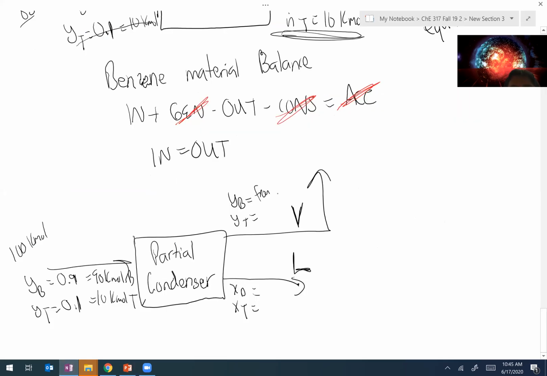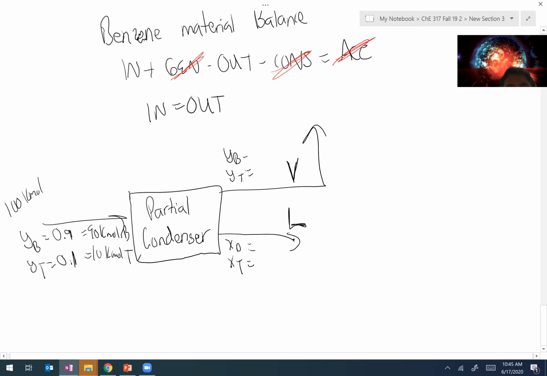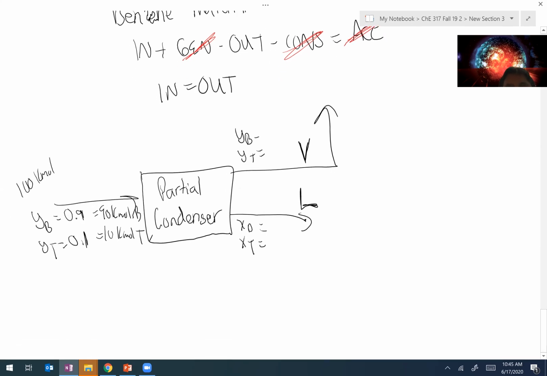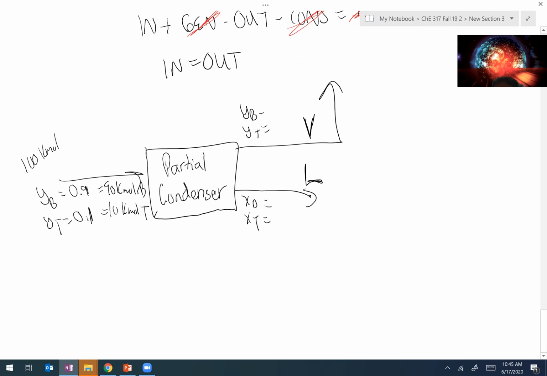So this would be from TXY, or what we had if it didn't condense. It's probably going to be a little different. So you would have to do a balance using Raoult's law to figure out the breakup. Similar to what you have to do in the case study. You would have to rely on Raoult's law and your material balances to figure out the vapor and liquid flow rates, as well as the mole fractions in the liquid and the vapor phase.